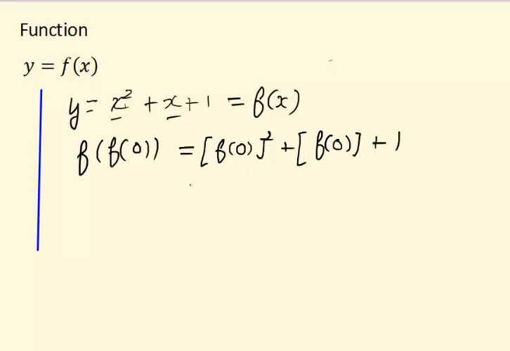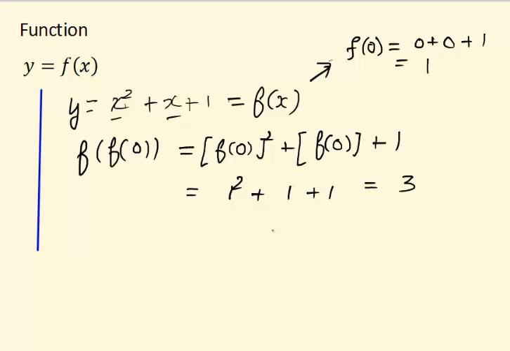Now you have to put the value of f of 0, and we know f of 0 from this relation. f of 0 is simply 0 plus 0 plus 1. So that means f of 0 is 1. So here you can put 1 square plus 1 plus 1, and it will come out as 3.